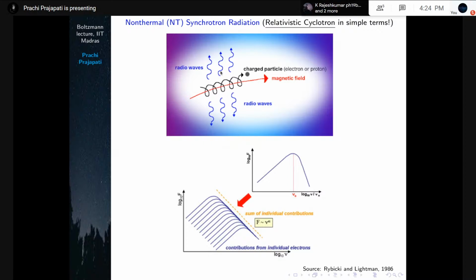Due to this, it creates emission, and this emission is seen only when the velocity of the electron or charged particle is pointed towards you, the observer. That is due to the relativistic beaming effect, which I won't go into detail about. If someone wants to know more, they can ask in the questions. This emission is called non-thermal synchrotron emission.